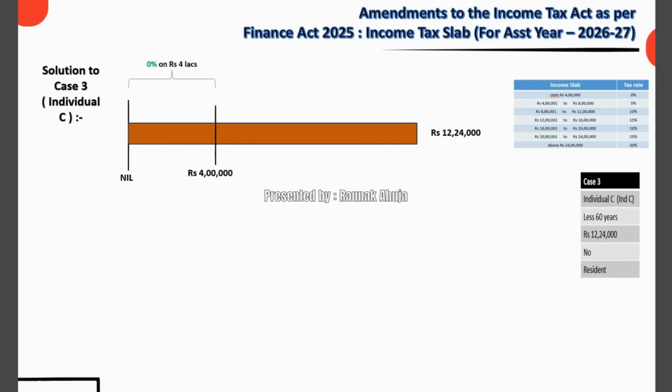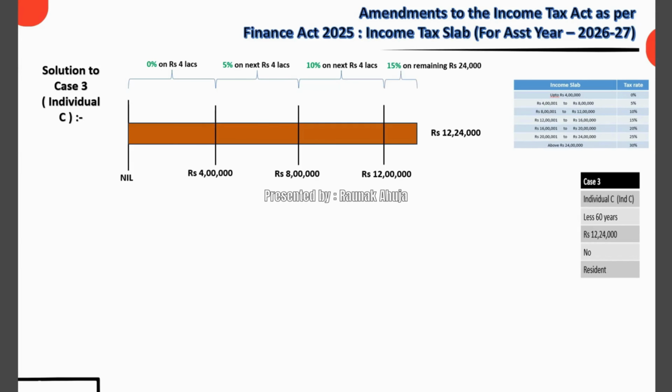From 4 to 8 lakhs, 5%. Then, from 8 to 12 lakhs, 10%. And since the total income is less than 16 lakhs, so on the remaining 24,000, at the rate 15%. So, basic income tax is 63,600.